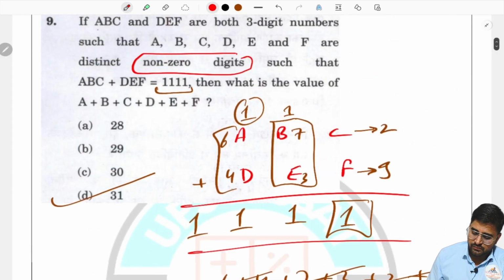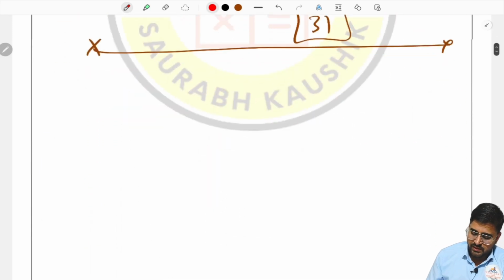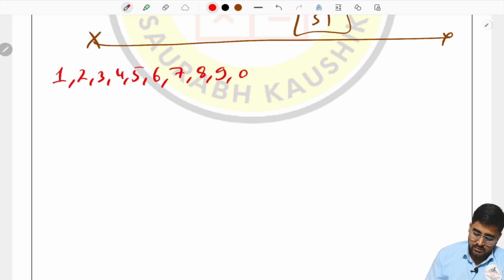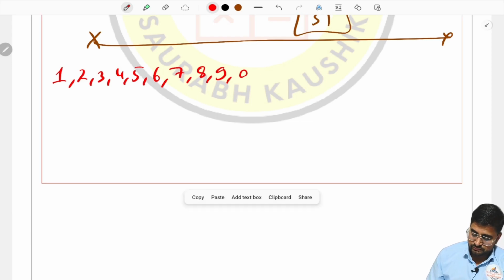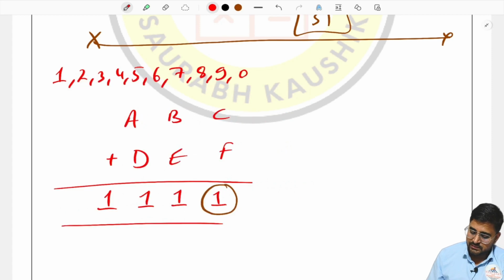In case this statement is not there, then the situation is like this. Now we have to make this, we will do it fast. Okay, now we have 0 also.